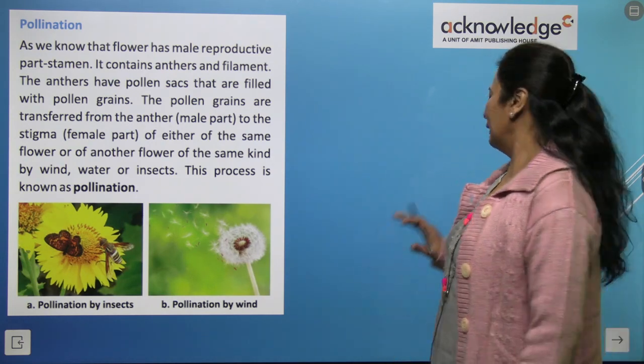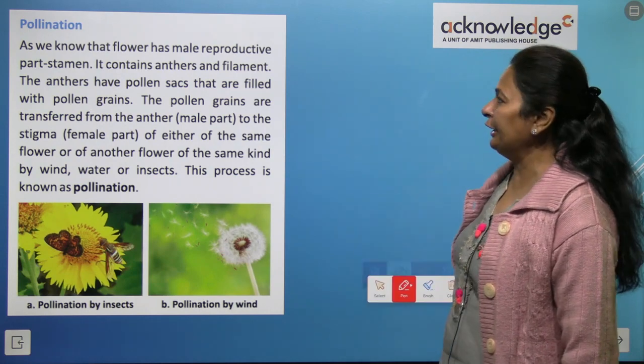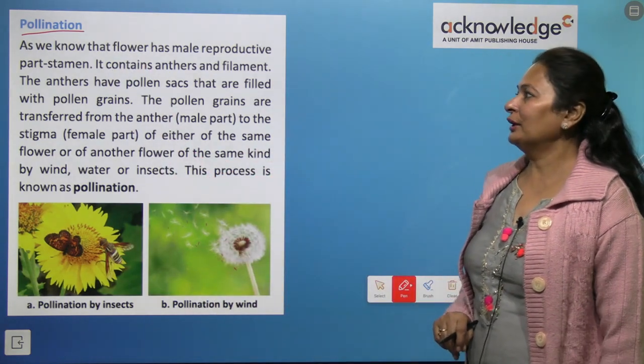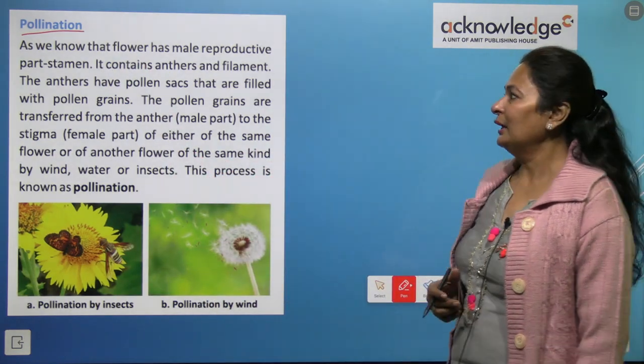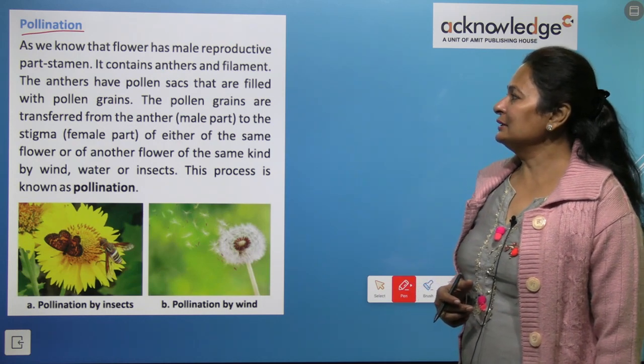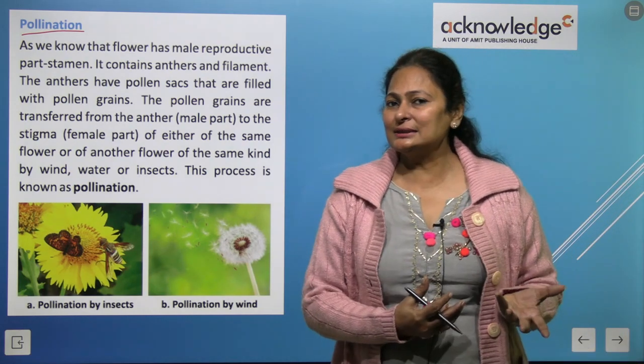Nice. Now, the next topic of the chapter is pollination. As we know, a flower has a male reproductive part, which is the stamen. It contains the anther and filament. The anthers have pollen sacs and are filled with the pollen that we have just studied.